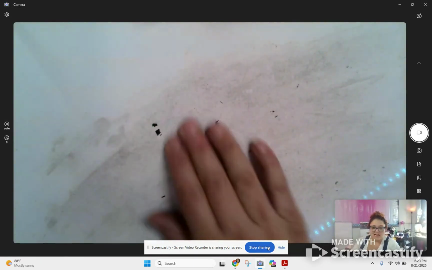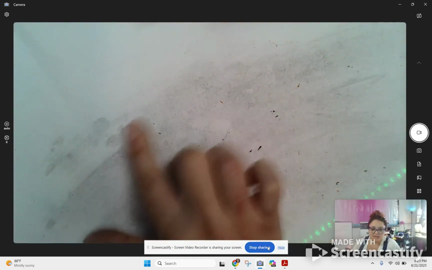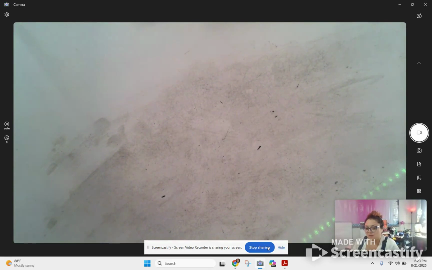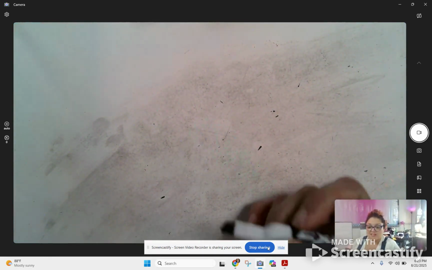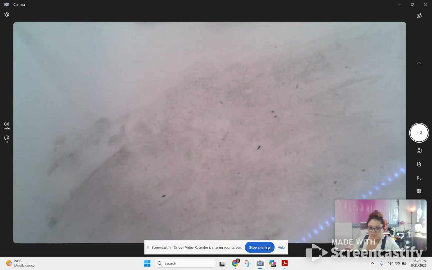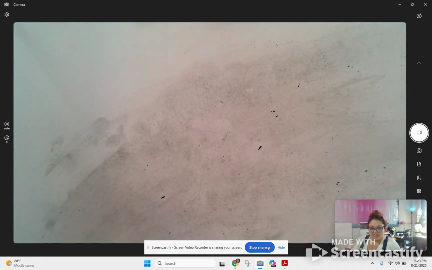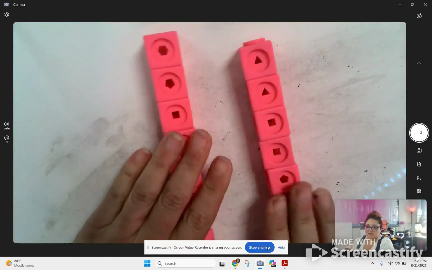Another thing that we see with the standard algorithm is that they'll leave the 2 there. And so instead of getting 11, they get 21, and that's obviously the incorrect answer. So that would be the reason why we're trying to show them this. You can also use manipulatives. These are manipulatives, things that you can actually hold.